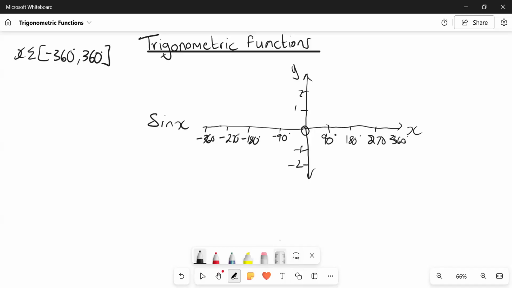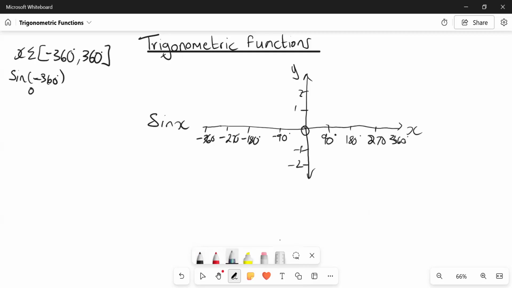You can start with your -360. So obviously you need to say sine -360, and then you get your value. You will get your value as 0.